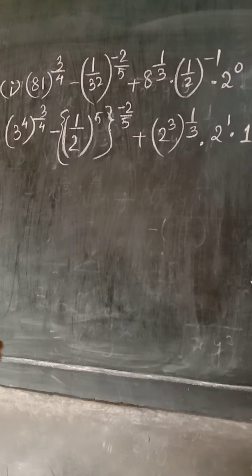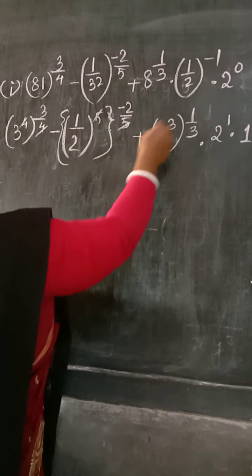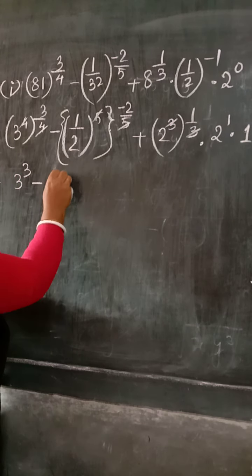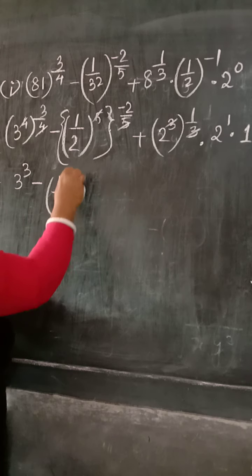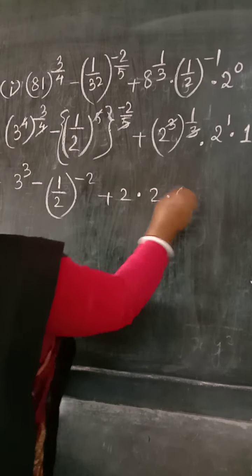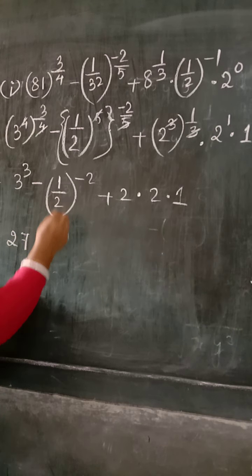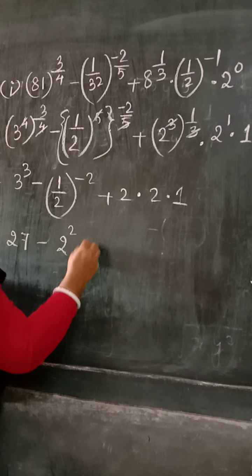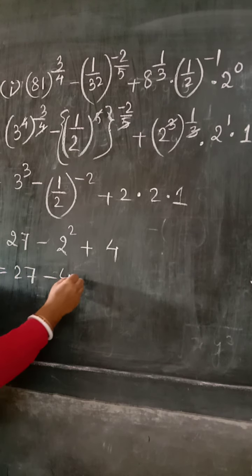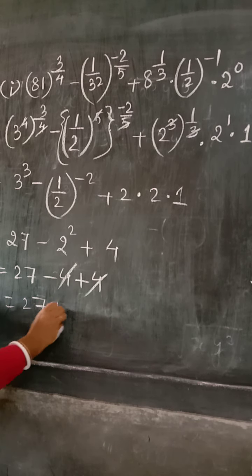May I write this? Or it gives you this 4 cancel, this 5 cancel, this 3 cancel. So I am left with 3 cubed minus (1 by 2) to the power minus 2 plus 2 into 2 into 1, or it gives you 27 minus 2 squared plus 4, or 27 minus 4 plus 4, our answer is 27.